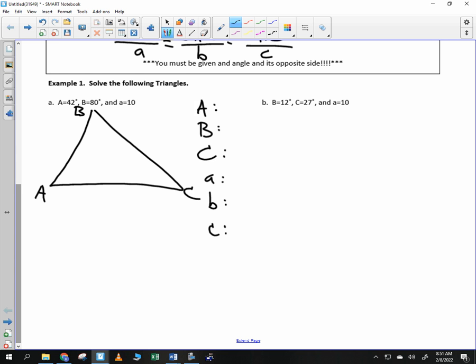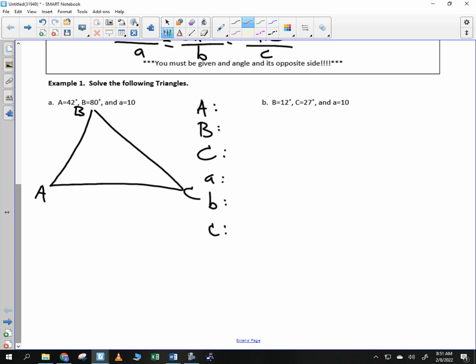C does not have to be a 90-degree angle in this situation at all. And it sounds like it's more difficult. The fact is that people usually do better with this than they do with SOHCAHTOA. And you say SOHCAHTOA is easy, that means that this is going to be super easy for you.